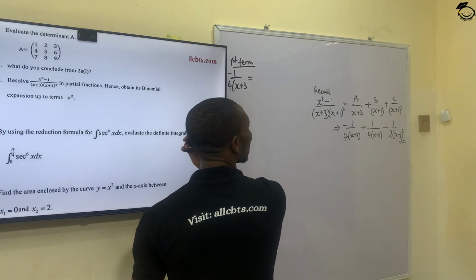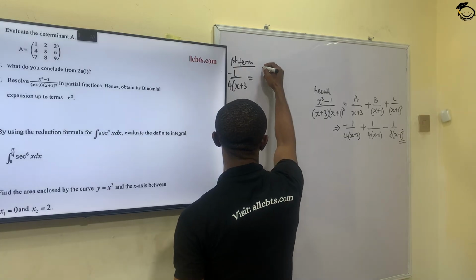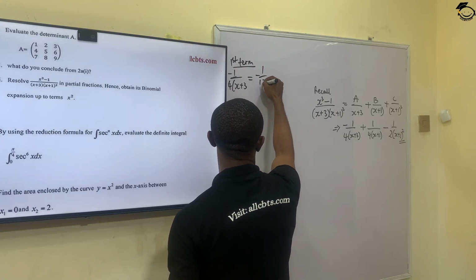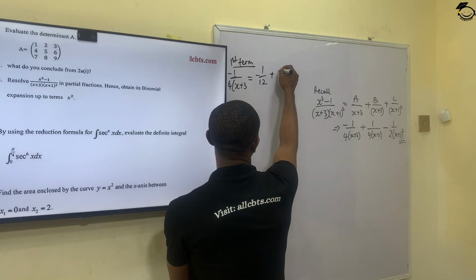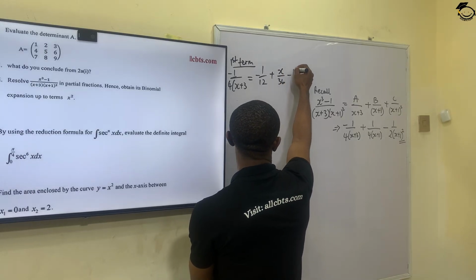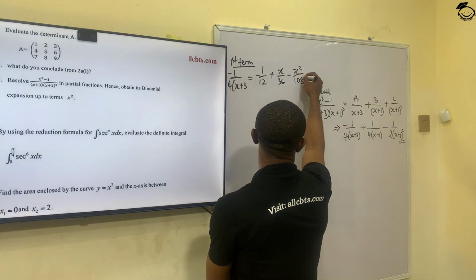Now, if we expand it in binomial terms, what we'll have would be minus 1 over 12 plus x over 36 minus x squared over 108.